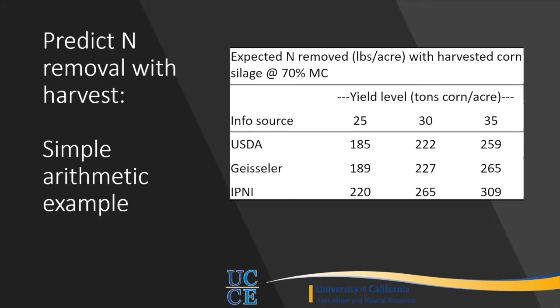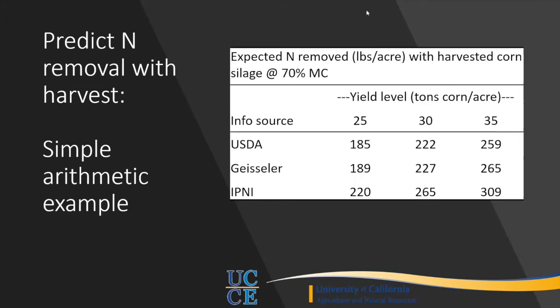In the right three columns of this table, I've shown you a range of yields for silage corn expressed in tons per acre: 25, 30, and 35 tons per acre. When you multiply that yield level by the nitrogen removal factor reported in each of those sources, you simply come up with a product.